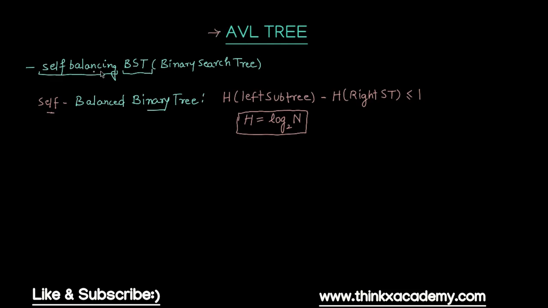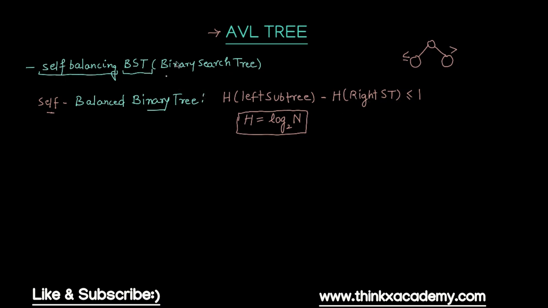It is a self-balanced binary search tree, and we know that a binary search tree is a tree in which the key of the left node is lesser than the parent, and the right node has a key greater than the parent. So the left key should be less than or equal to the parent node.